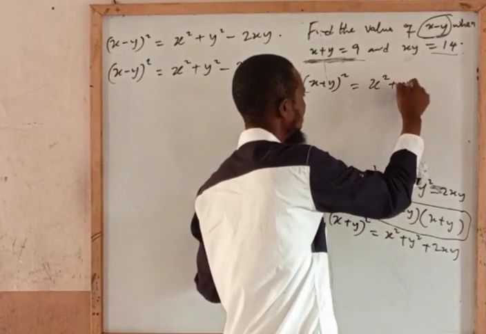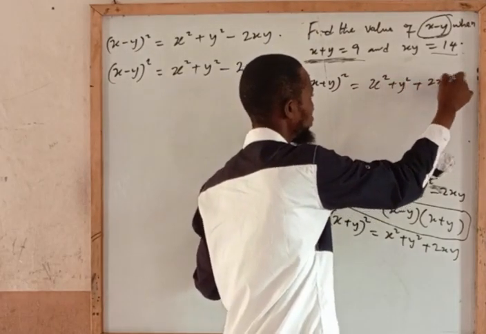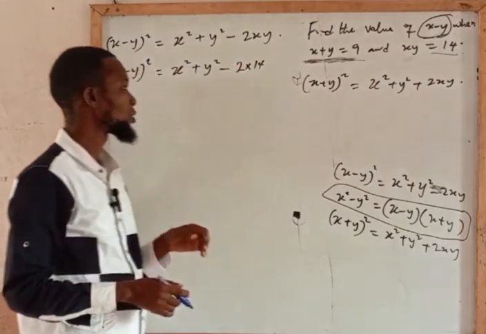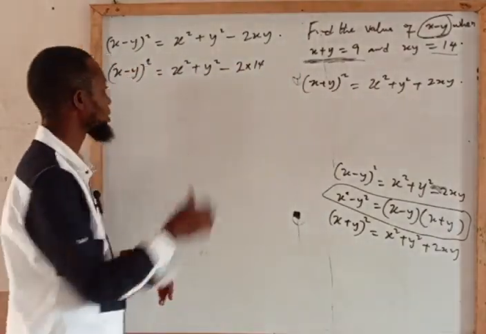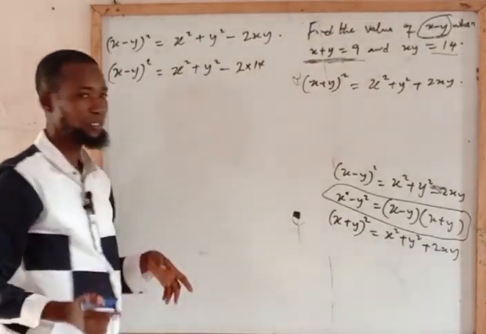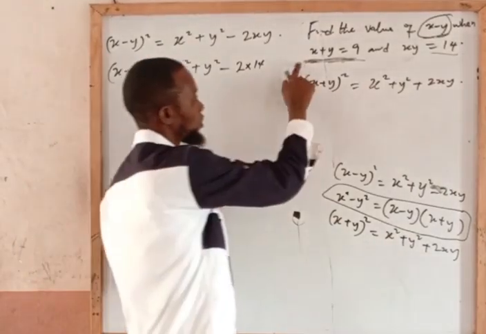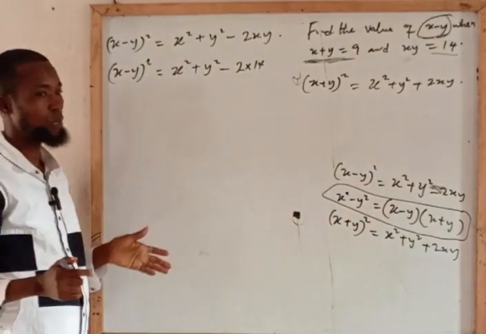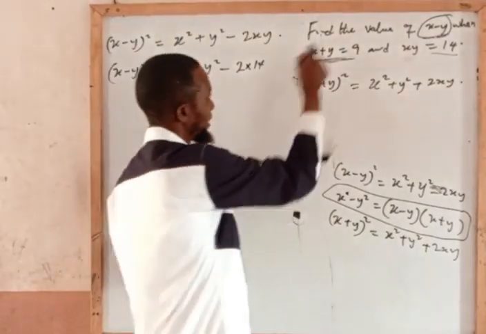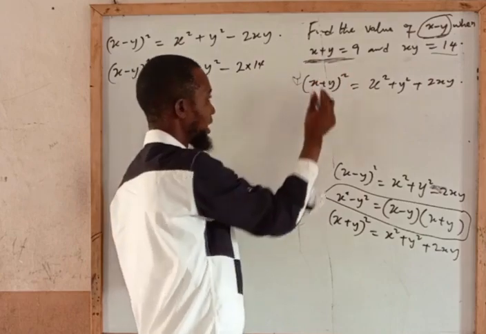That means x squared plus y squared plus 2xy. So remember, the reason why I have to consult this is because I need x squared plus y squared, right? And it's only this one that can enable me to get the x plus y squared. So remember in the given, x plus y is given to be 9.